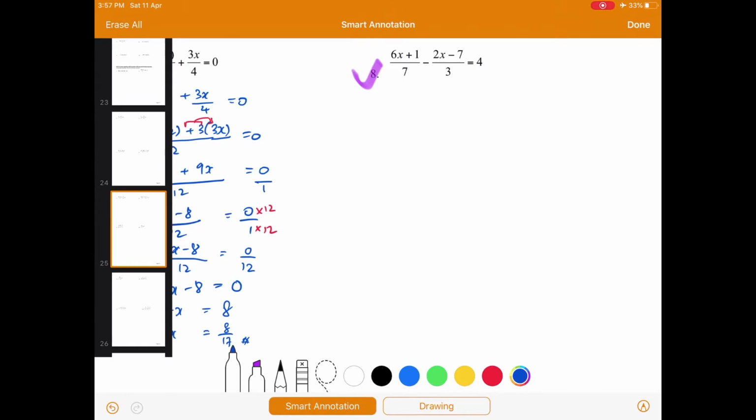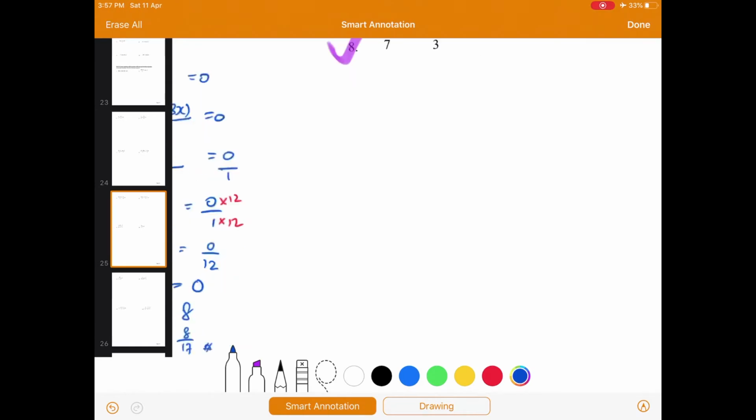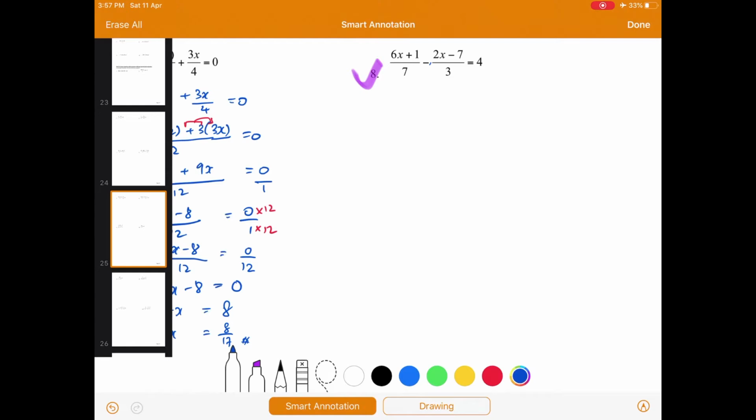Question 8. We can combine the two fractions again. Take note there's a subtraction sign. So do expect that there will be a change of sign. So the lowest common multiple of 7 and 3 is 21. So the first fraction you have to multiply by 3. Minus, use brackets. The second fraction you have to multiply by 7.